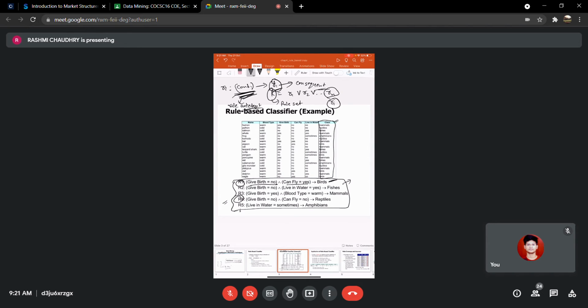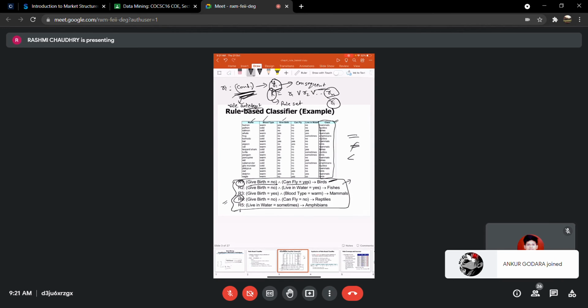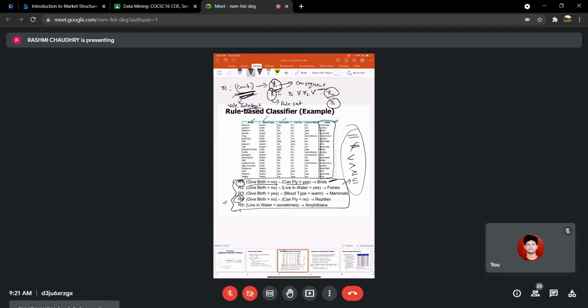Now, how will this condition be defined? As you can see here, the condition is defined on your set of attributes with the help of logical operators. So let's take an example: a1, a2, a3, a4, a5.